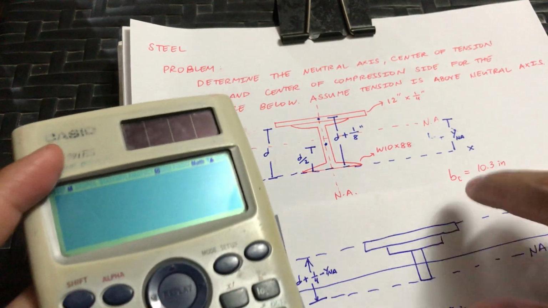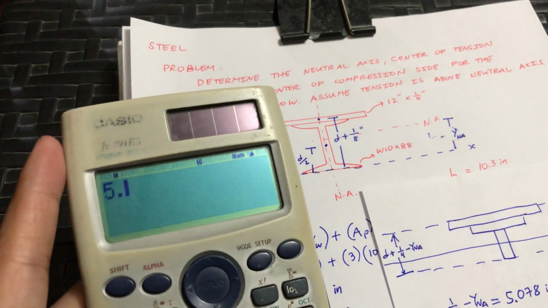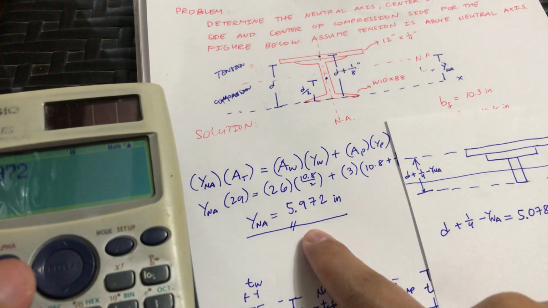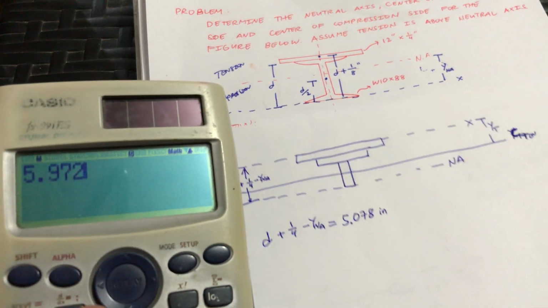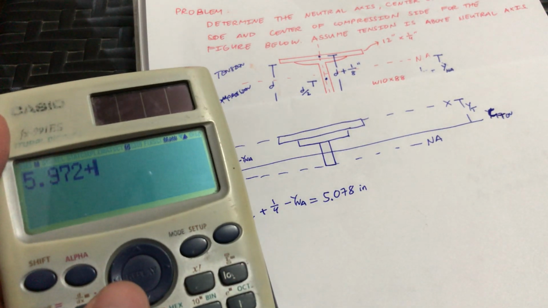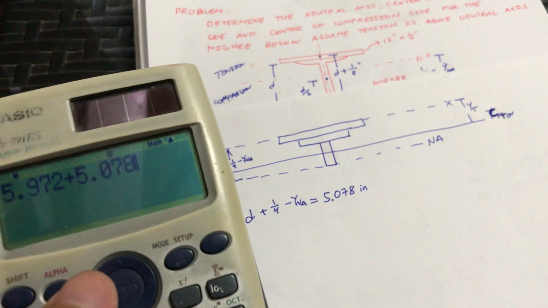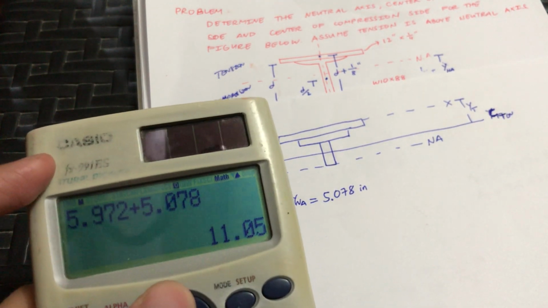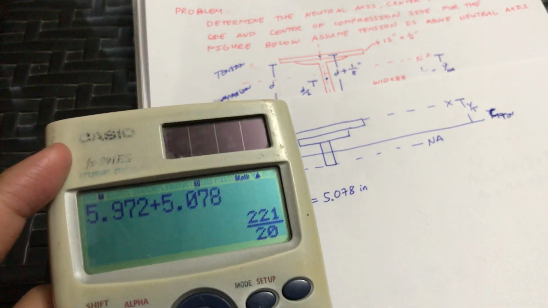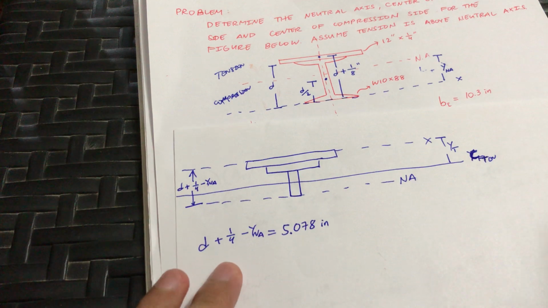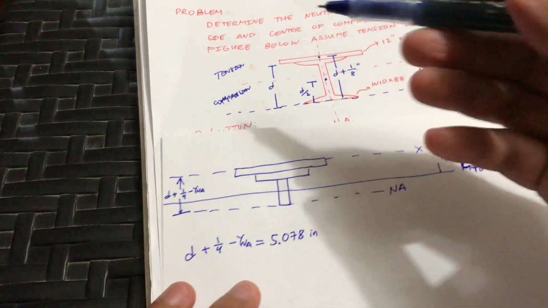Now if we add 5.972, which is the YNA, plus this one, plus 5.078, this should be the same, no? 11.05. It's just the same, 11.05. So we now have the total length for this one.